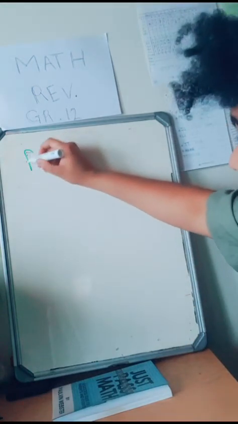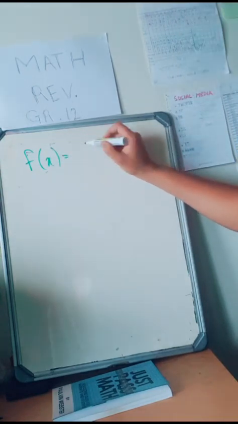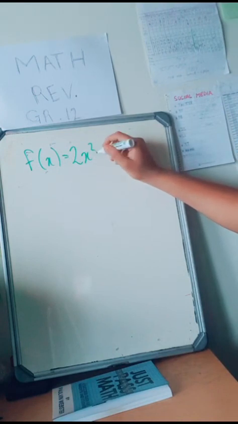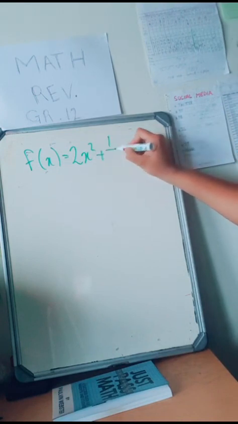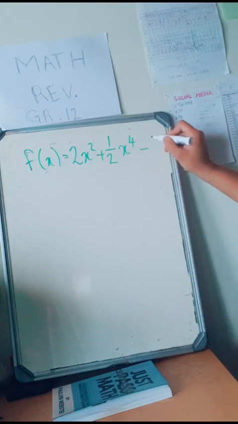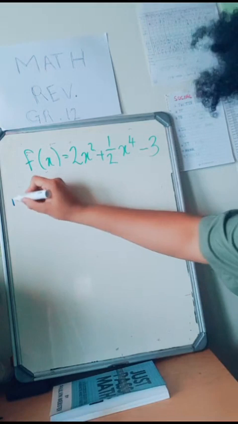So if f of x is equal to 2x squared plus 1 over 2 x to the power of 4 minus 3, if that is so, what is this?